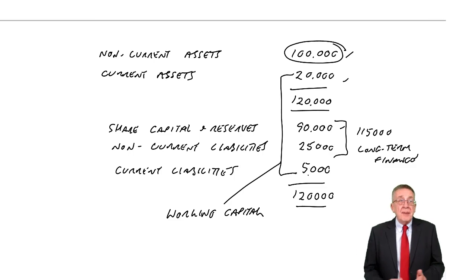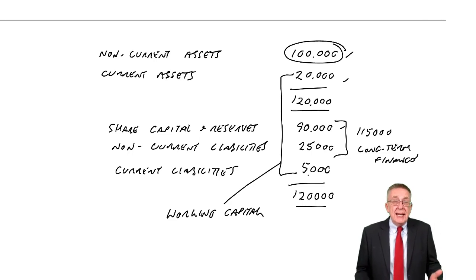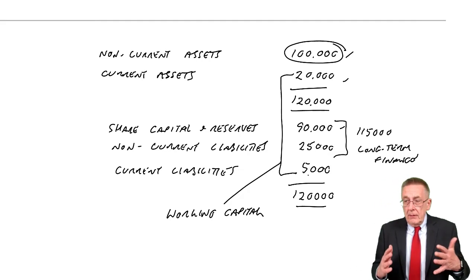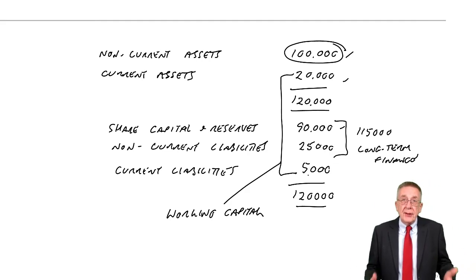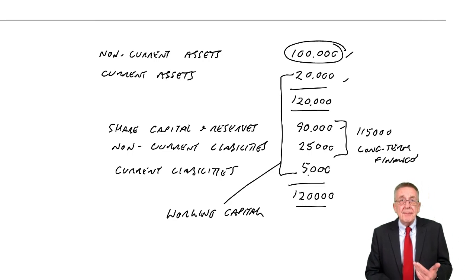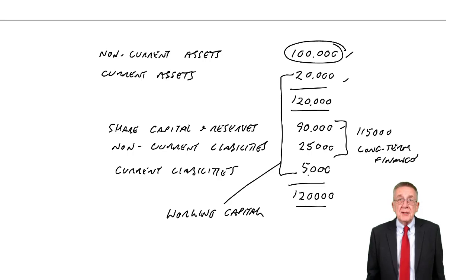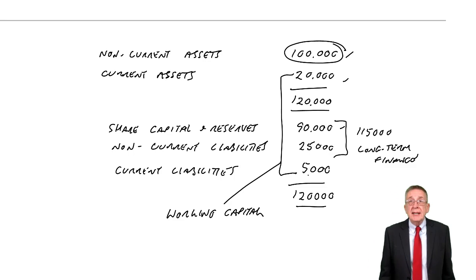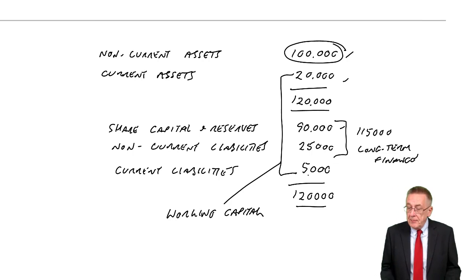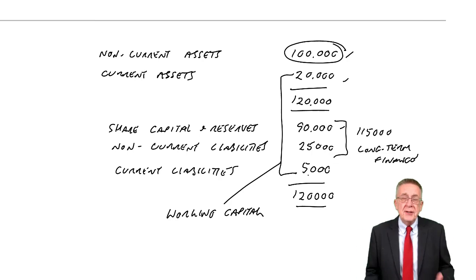And of course, any business needs to have some current assets. I say any business, it depends on the type of business, but any normal business is going to be selling on credit, and they'll have receivables. If they didn't sell on credit, they'd probably lose out to competitors. So in order to run the business, they need a certain level of receivables.